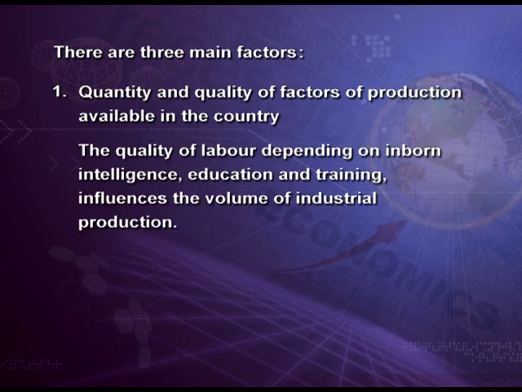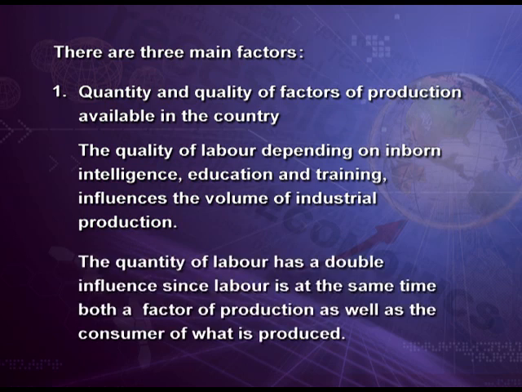Like the quality of labor, depending on inborn intelligence, education and training, influences the volume of industrial production. Also, the quantity of labor has a double influence since labor is at the same time both a factor of production as well as the consumer of what is produced.